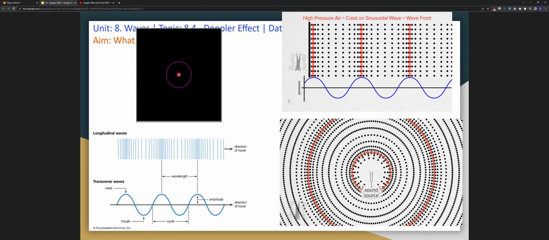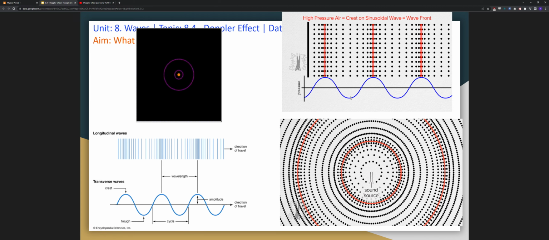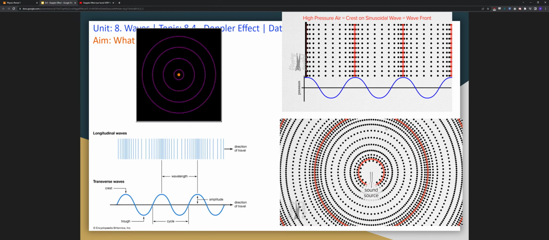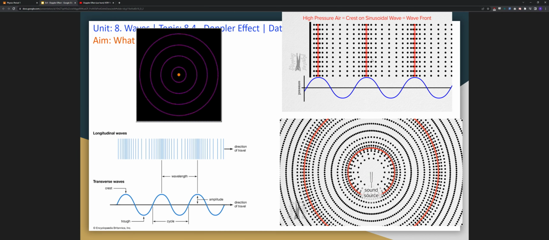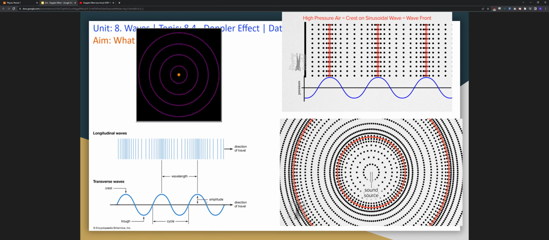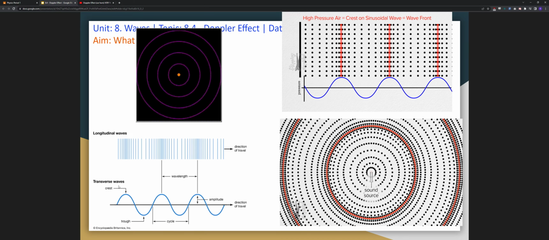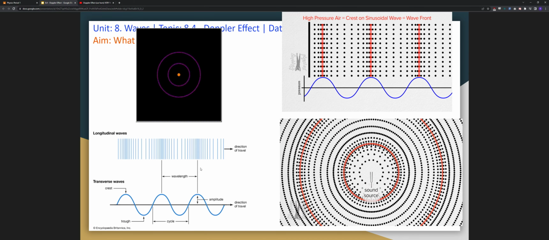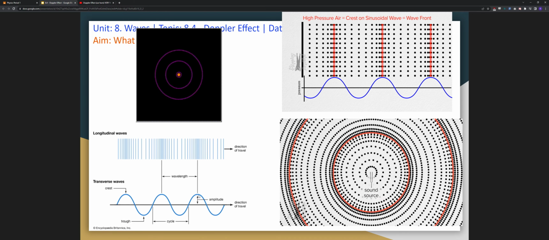Now, as you can see here, the compression areas, the parts where the particles are most stuck together, correspond to a crest of a transverse wave. If I were comparing longitudinal and transverse waves, you would compare the compressed areas to the crest.